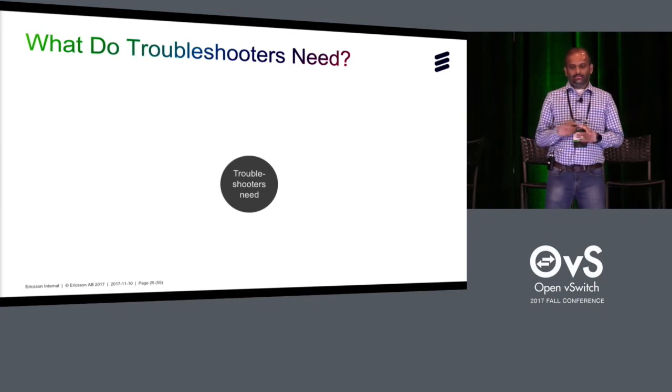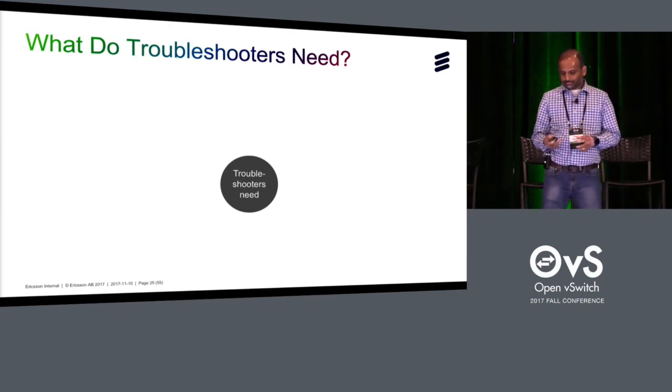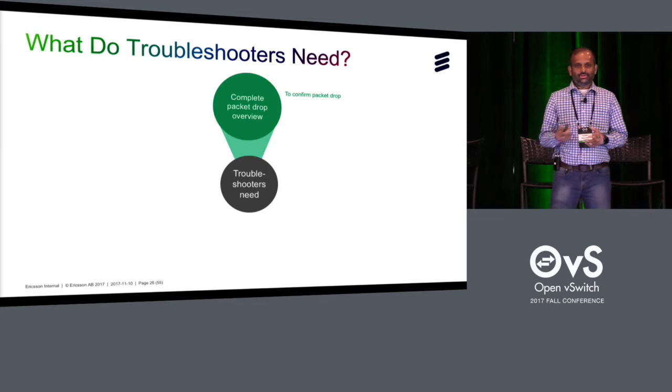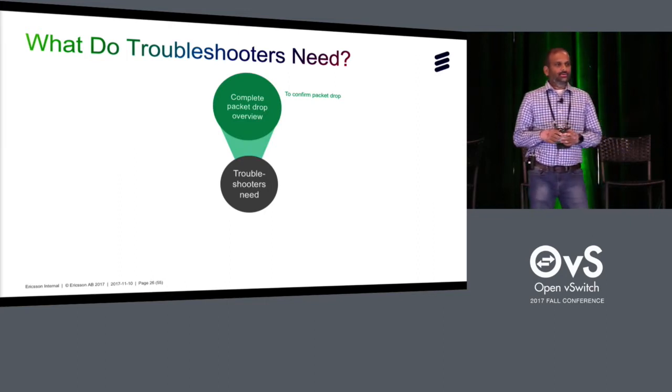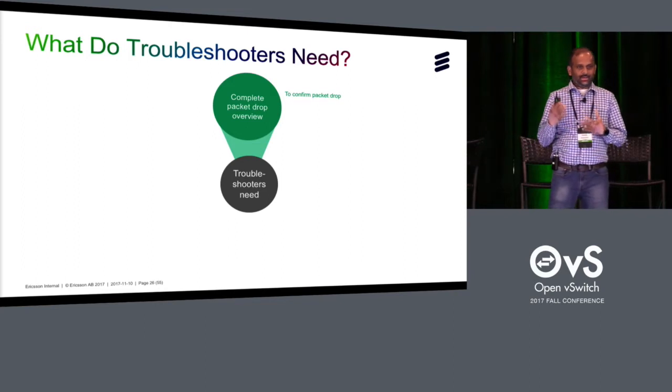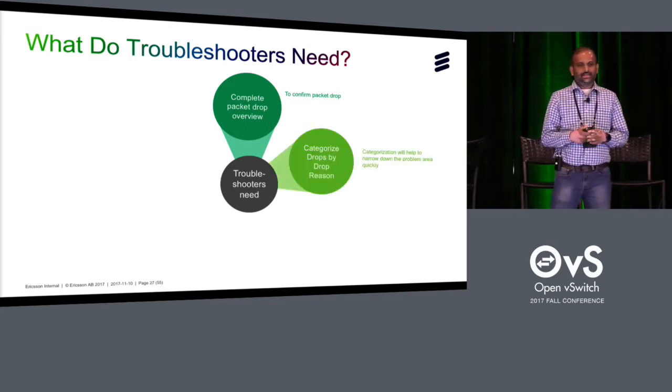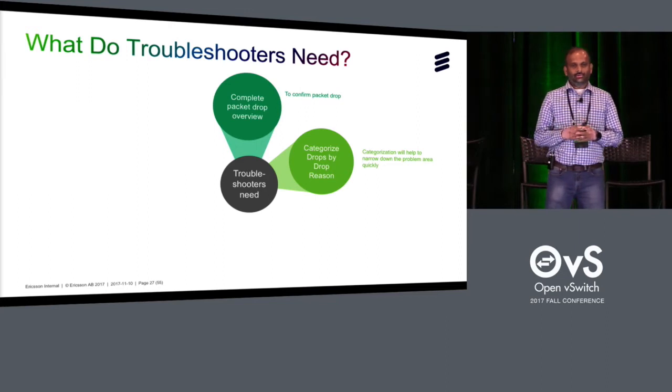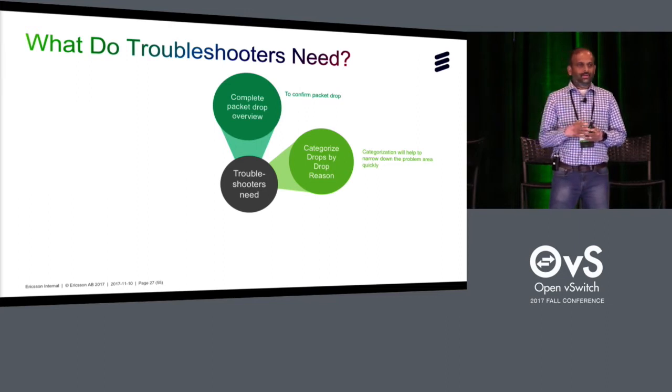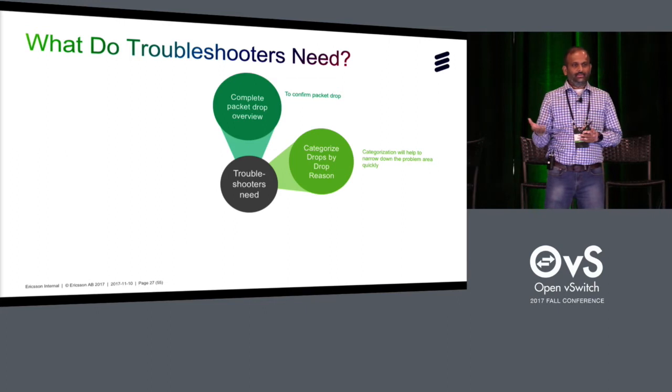So let's look at what troubleshooters really need. First and foremost, we want to account for each and every packet drop happening in the OVS, so that one could confirm at least whether the packet drop is happening or not. Second, if you know the packet drop is happening, then the next thing is I would like to get a quick view of why this packet drop is happening.